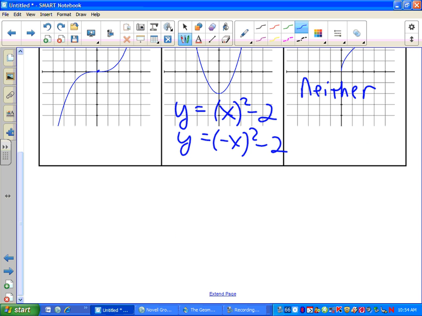Why not? A negative squared is a positive, isn't it? A negative x times a negative x is still positive x squared minus 2. You see what happened there? So in other words, even if I plug a negative x into where the x was, I still get the exact same equation out. Do you see that?